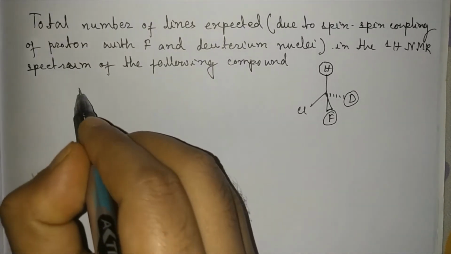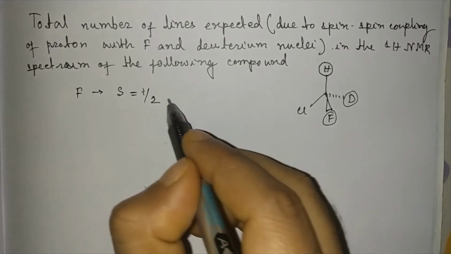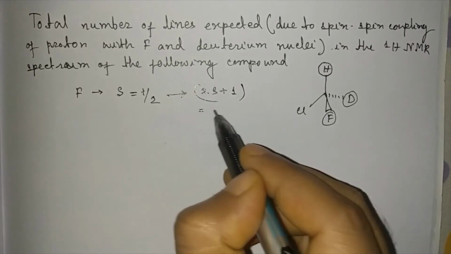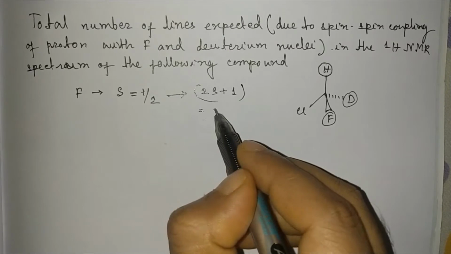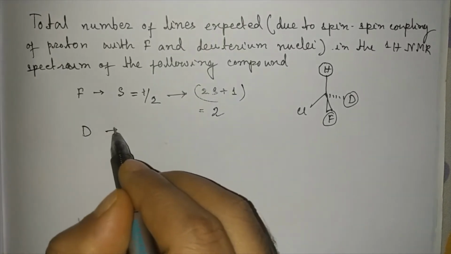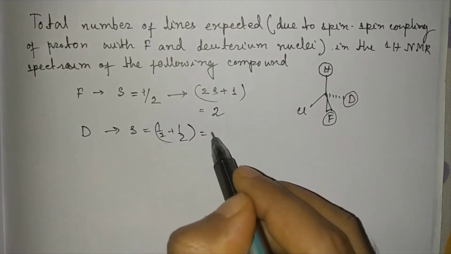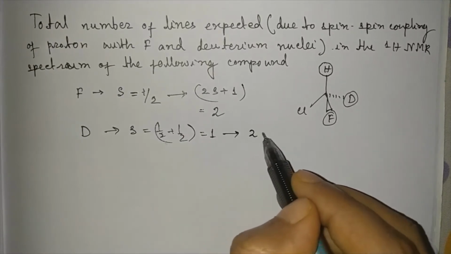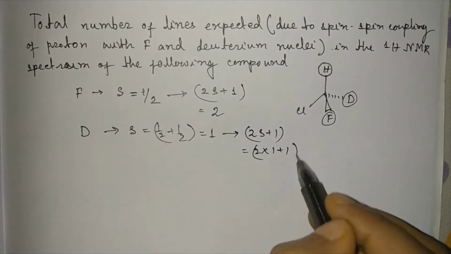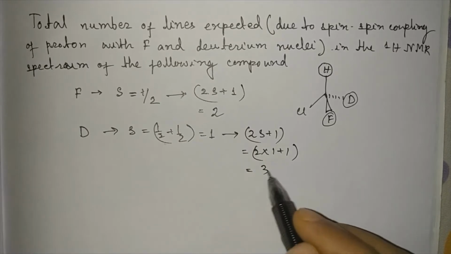Fluorine has spin quantum number equal to half, so it will split in 2s plus 1 ways, that is, one line into a doublet. Deuterium has spin quantum number equal to 1, so it will split 2s plus 1, that is 2 into 1 plus 1 equal to 3, so it will split one line into a triplet.